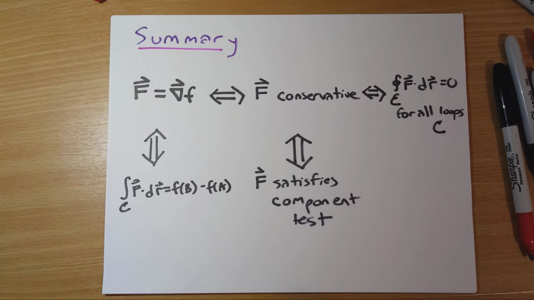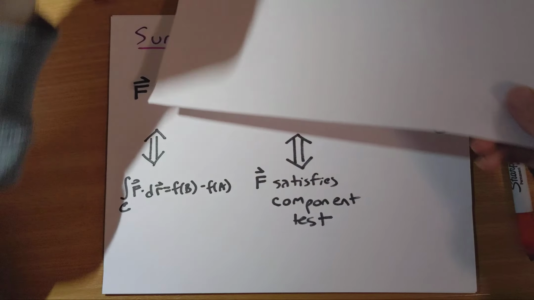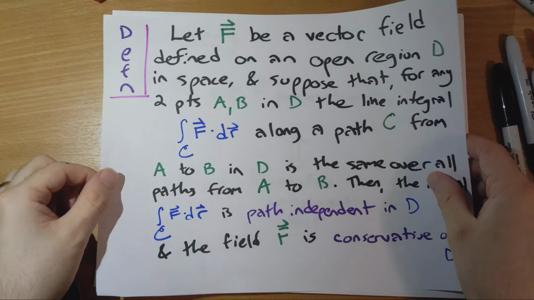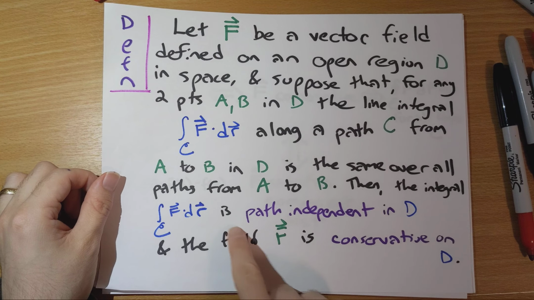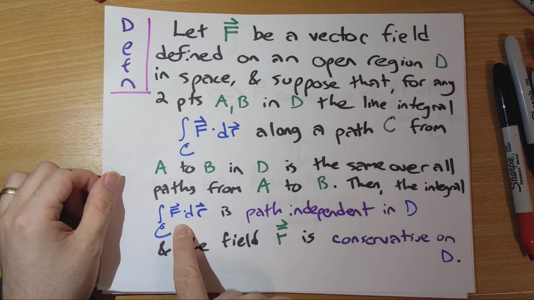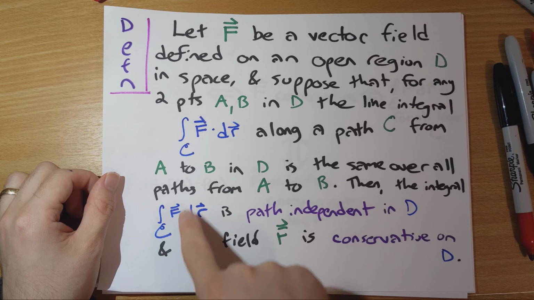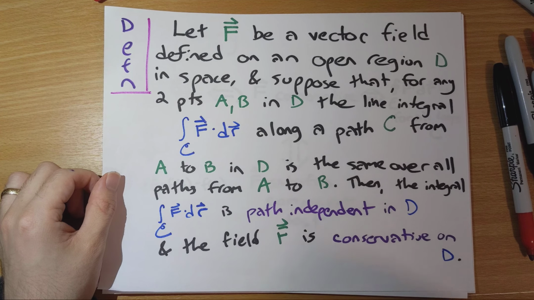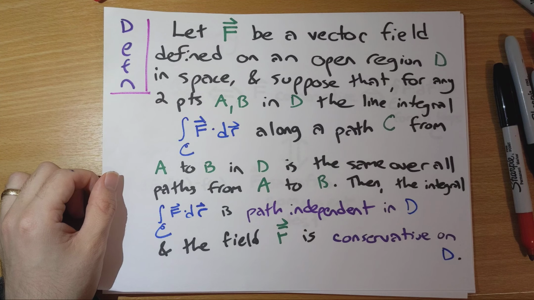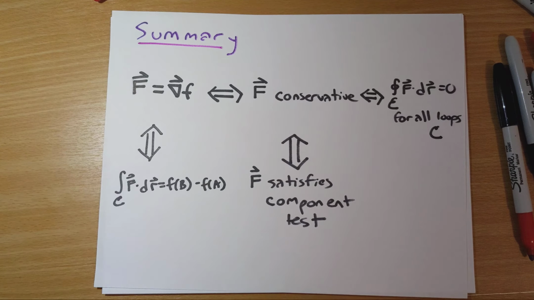F being conservative says that the integral along any path from A to B is the same for your vector field F. It does not depend on the path you take. It only depends on the vector field F and the starting and ending points.